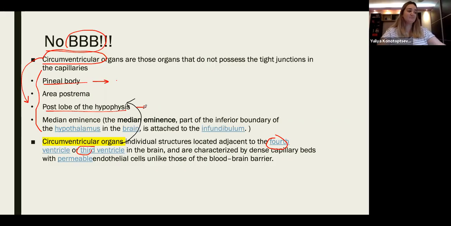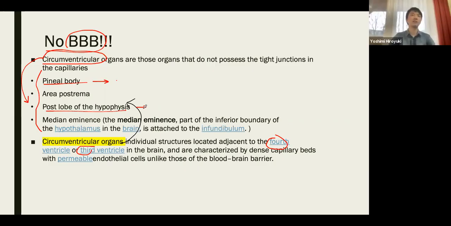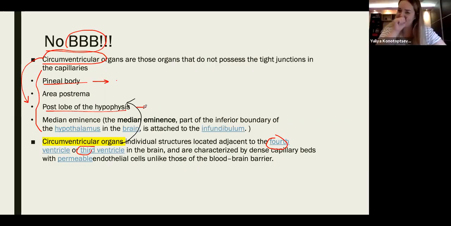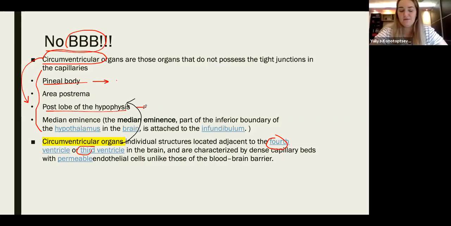Who makes them? The anterior lobe, the hypothalamus. Hypothalamus, but say it better: the magnocellular nuclei. Perfect. Magnocellular nuclei make the ADH and oxytocin, the supraoptic and paraventricular nuclei of the hypothalamus, you remember. They're responsible for that. Median eminence, do you remember what that is?